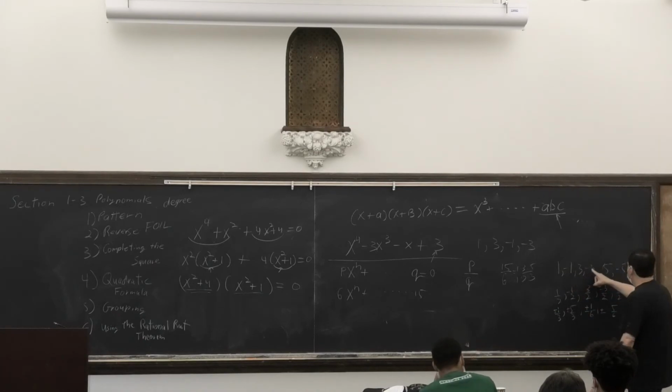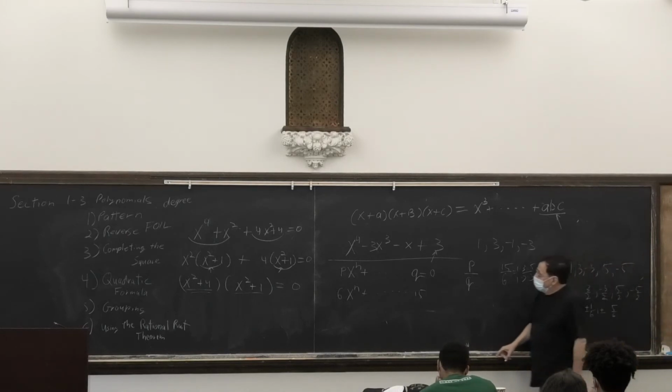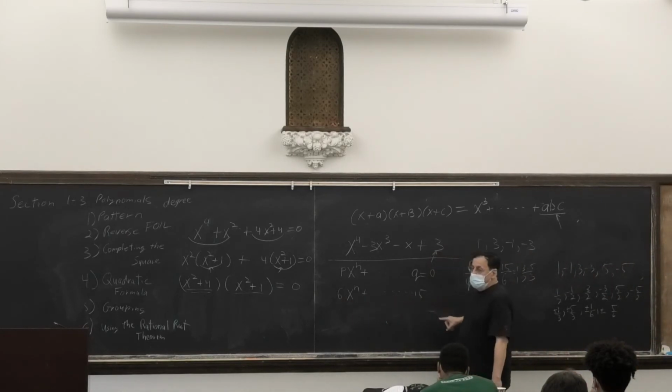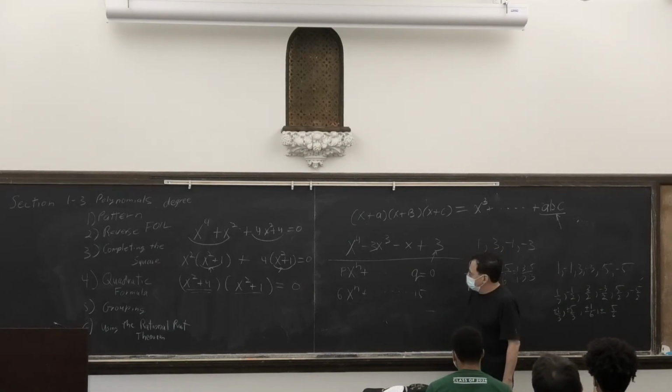All right, so there are 20 possible rational roots. We can plug each one of them in, make a lot of work, and see if it's 0. If it's 0, we have a root.